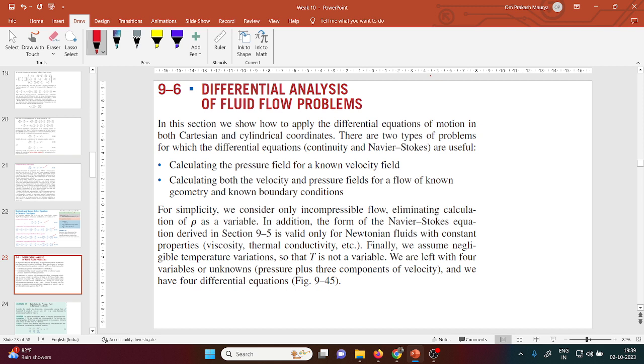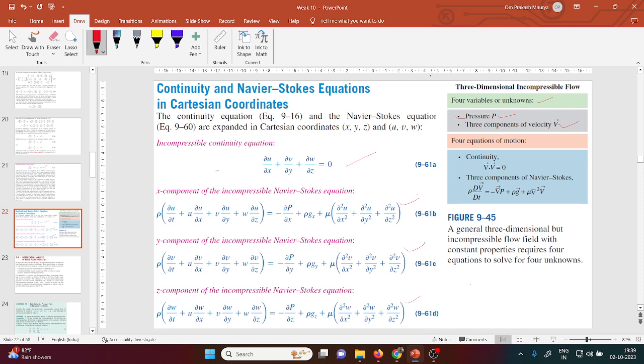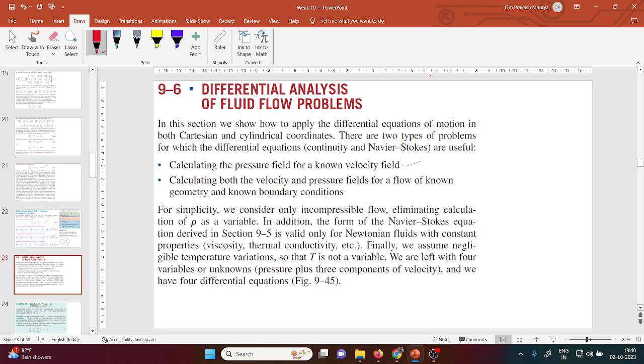So in differential analysis of a fluid flow problem, what do we do? We calculate the pressure field for a known velocity field, because the only things here are velocity and pressure. If you know the velocity, then you calculate the pressure.